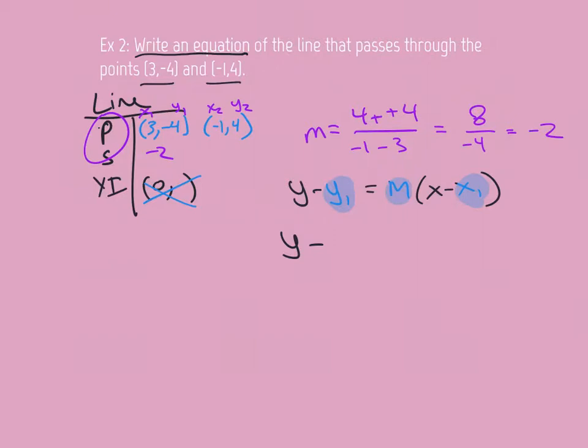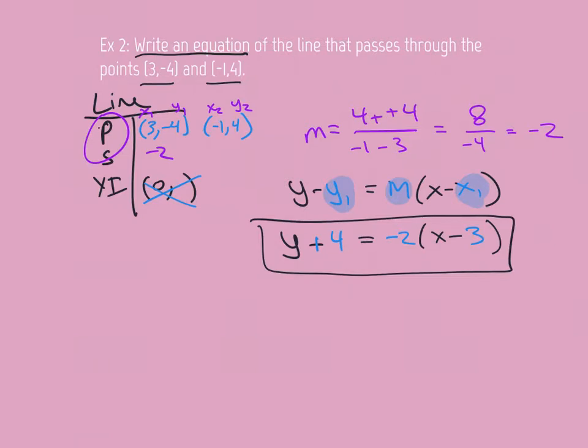Well, I could use the point that I called y1, 3, negative 4. So we would do y plus 4, because y minus negative 4, equals slope, negative 2, times x minus x1, and in that same point, x1 would be 3, so x minus 3. And there's my equation.